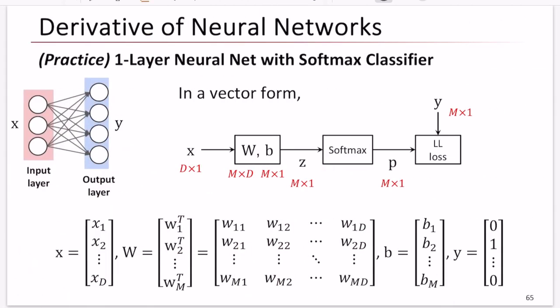In this case, first of all, let's represent our neural network as a set, the sequence of functions: the linear operation layer, the softmax layer, and the error loss layer. Of course, the output should be L.